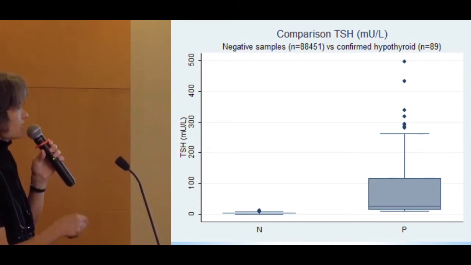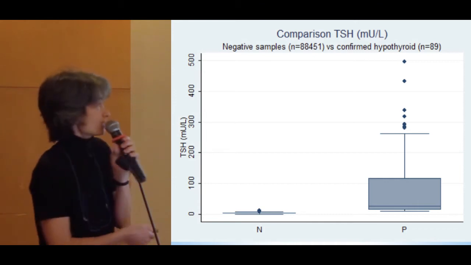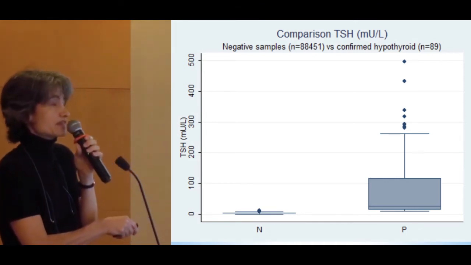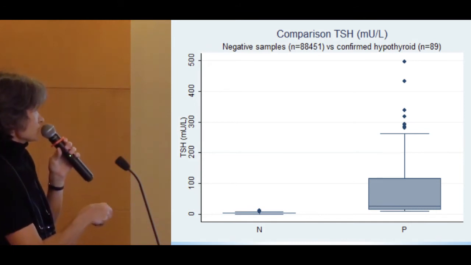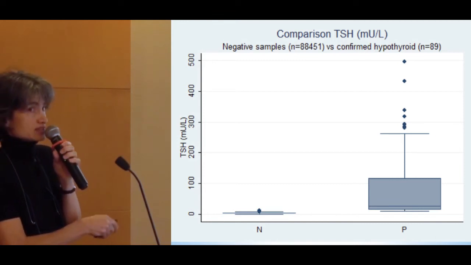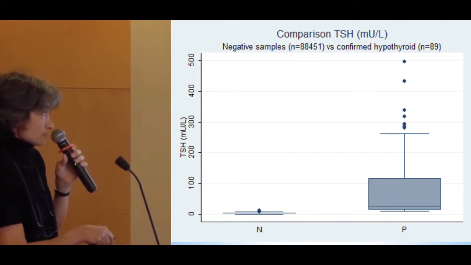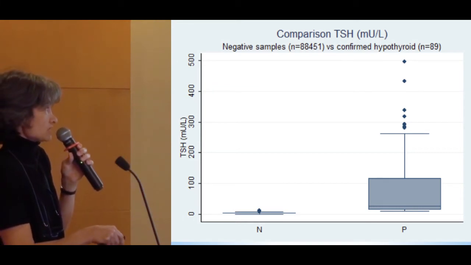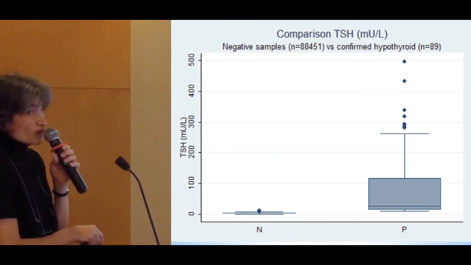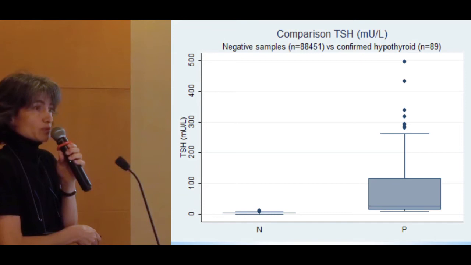So these slides tell us two things, a good one and a bad one. The good one is there are several hypothyroid newborns that display TSH values very different from the normal population. The bad one is that several hypothyroid newborns display TSH values overlapping, I would say, with the ones that you find in the normal population.